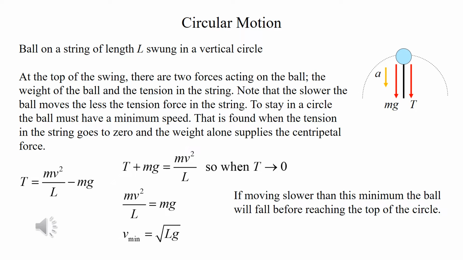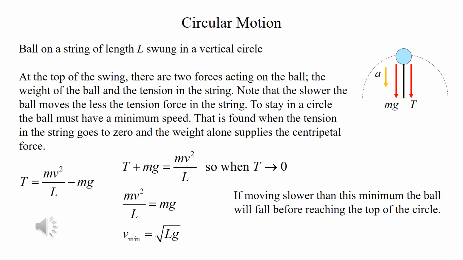So we must have mv squared over L greater than or equal to mg to stay in the circle. The minimum speed is when mv squared over L equals mg. The mass divides out, and so we get the minimum speed to stay in a circle equals the square root of Lg. If we go slower than this, the ball will fall before it reaches the top of the circle.